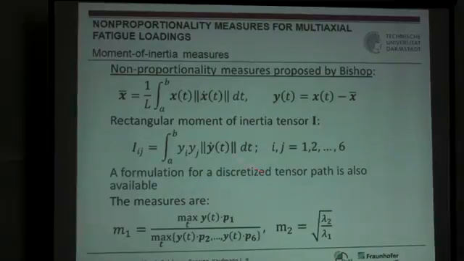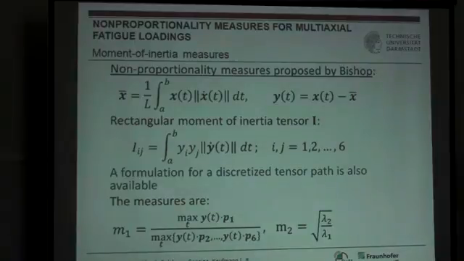Now he provides an integral formulation for the components of the moment of inertia tensor, and this integral formulation can also be used to provide a formulation for discrete values. Basically, each pair of components is multiplied, and then it's multiplied by y prime, the derivative, in order to take the length of the tensor path into account.